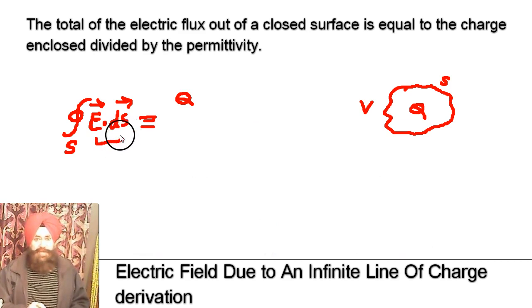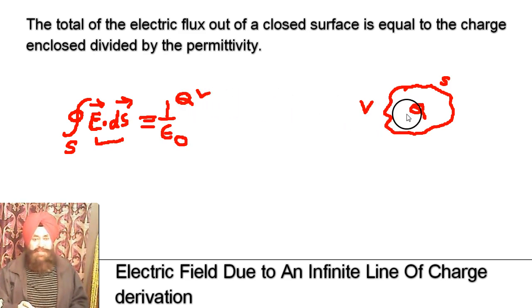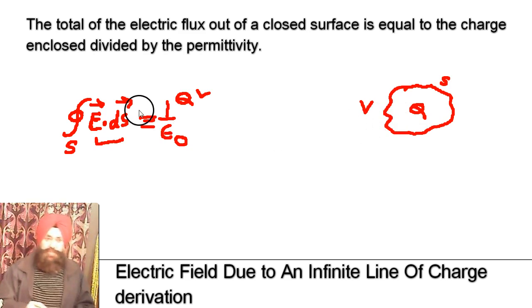Then total electric flux over the closed surface, and I am talking in vacuum, is equal to, by the statement of the Gauss theorem, 1 over epsilon naught times the charge contained inside the surface S. This Q charge is inside the surface S. So very simple.